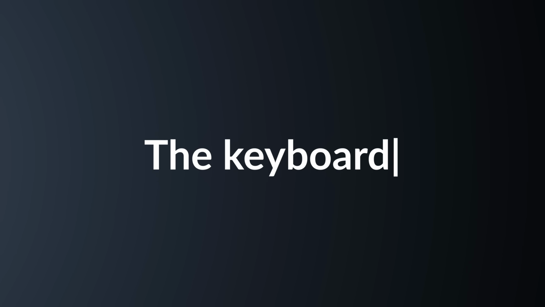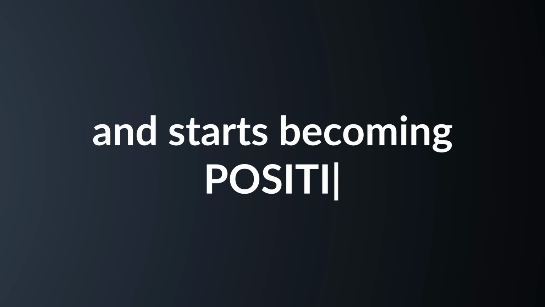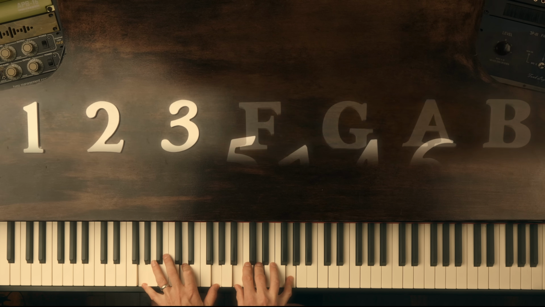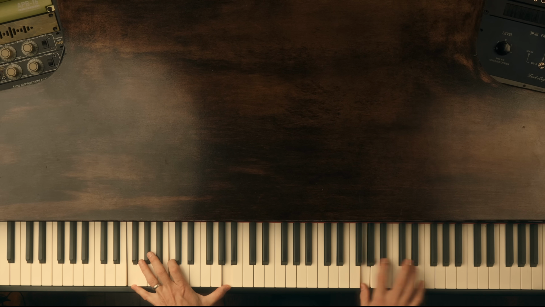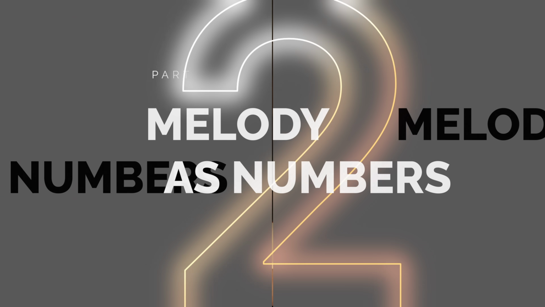The keyboard stops being letters and starts becoming positions. This is so important. Here's the only job of the major scale in this video. It turns notes into numbers so that you can move freely around the keyboard because you know and you see their positions in any key.